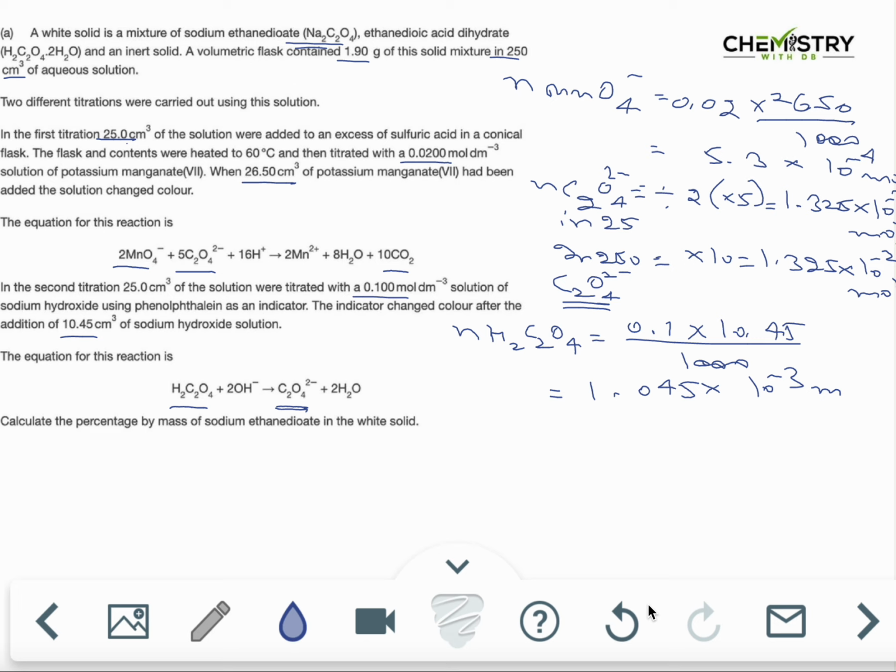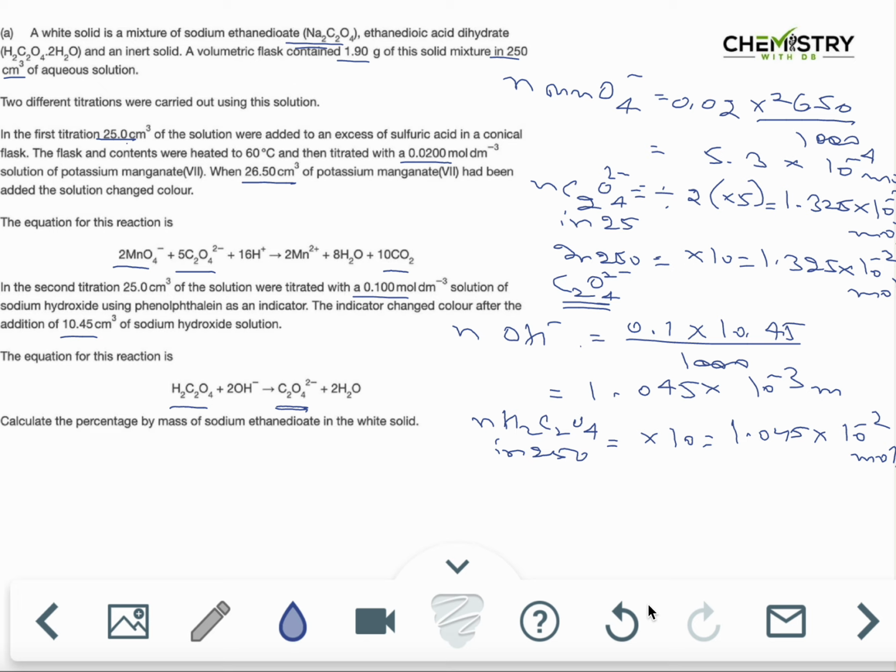Now mind you, this was hydroxide ions, but the ratio in which the hydroxide ions and ethanedioic acid reacted was 1 to 1. So the number of H2C2O4, this is in 25, so in 250 it would be 10 times, or 1.045 times 10 to the power minus 2 moles.